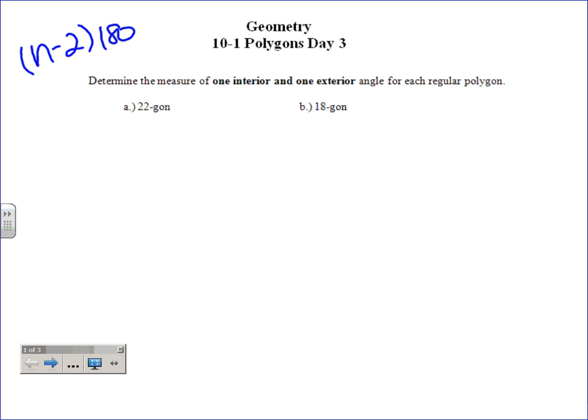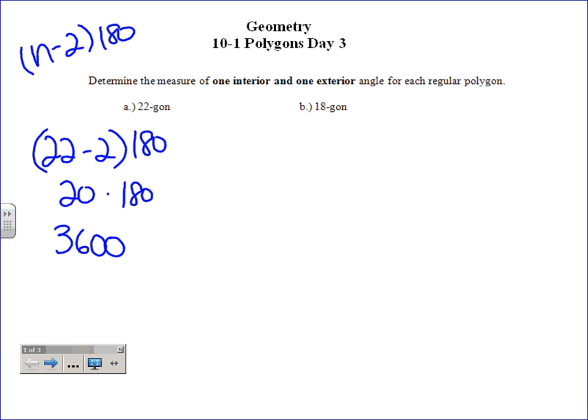Is the sum going to be pretty big for a 22-gon? Yeah, it's going to be a lot. So you put 22 in place of n in n minus 2, and then take that times 180. What is 22 minus 2? That's just 20, which I then take times 180, 3,600.